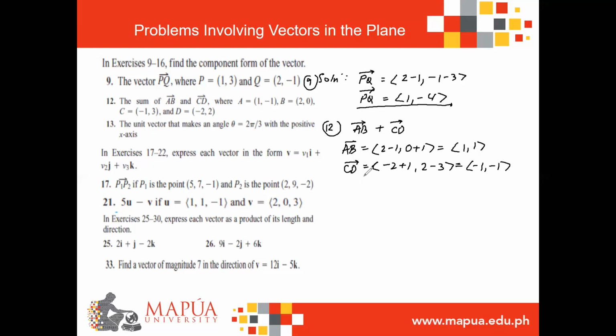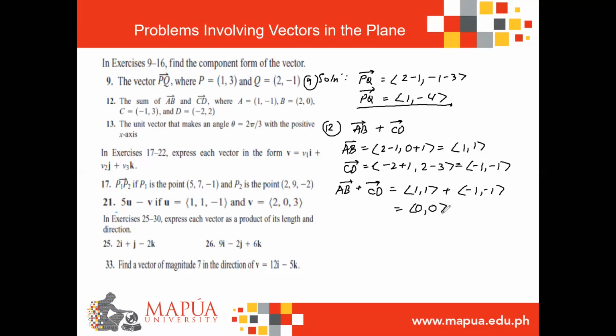So with that, when we now define the two vectors, getting its sum, we have here the components 1, 1 for AB plus for vector CD, it is negative 1, negative 1. So adding now the components, 1 plus negative 1 will be 0. 1 plus negative 1 for the second component is also 0.